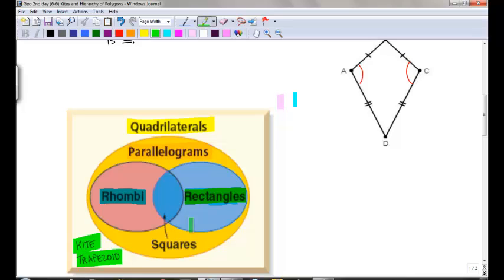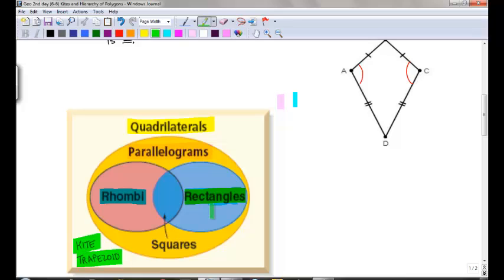Sometimes. Because if it was in that overlap, wouldn't this rhombus be a rectangle? Yes. So it's not always, but sometimes. Is a rhombus a square? Sometimes. Is a rhombus a parallelogram? Yes, always, because it's inside that ellipse.